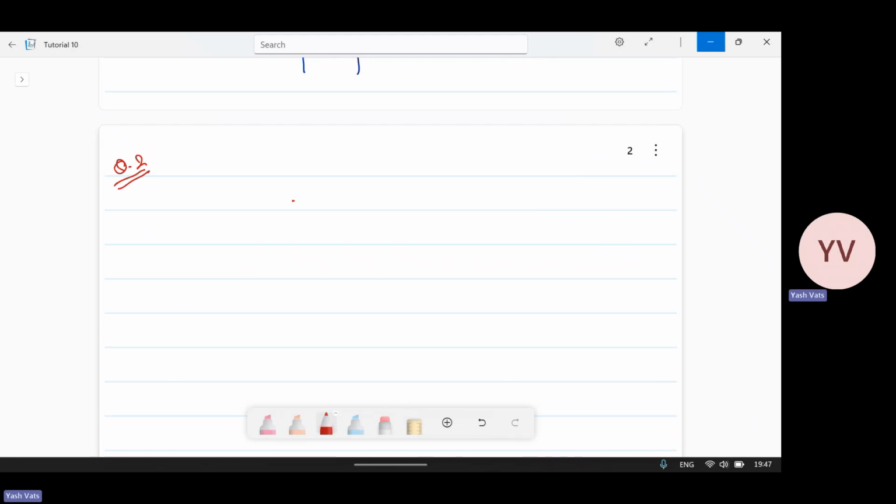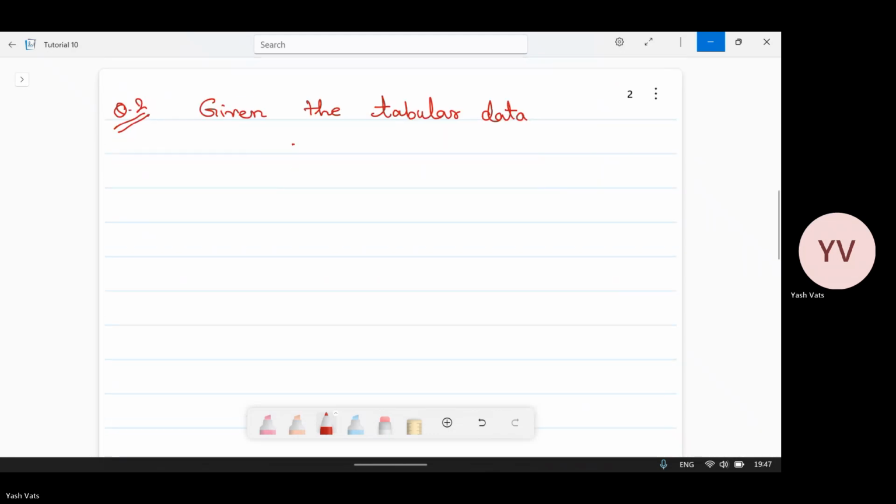So we are given the tabular data, x and f(x), where x is 1.8, 1.9, and so on.